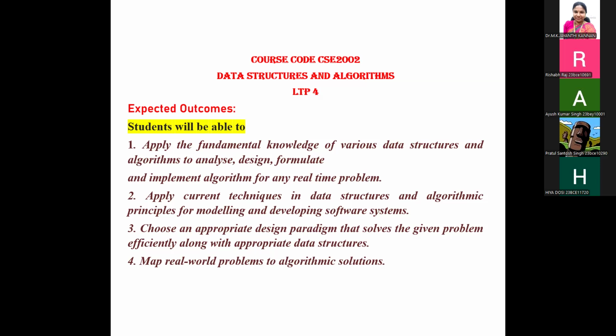And the fourth expected outcome is to map real world problems to algorithmic solutions. If you are given any real world problem to solve, you have to map the particular problem to the existing algorithmic methods. Say you are asked to identify a solution for an automated examination system.